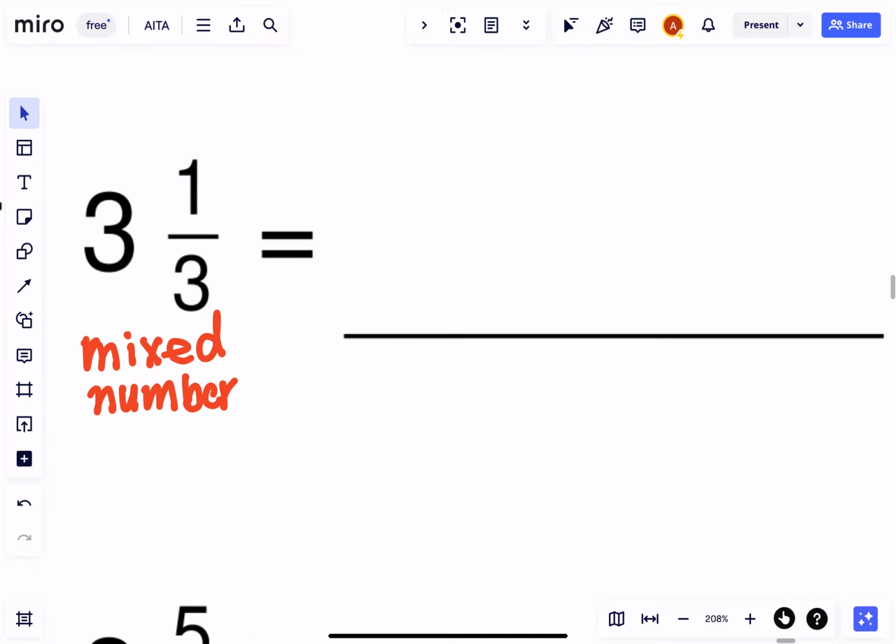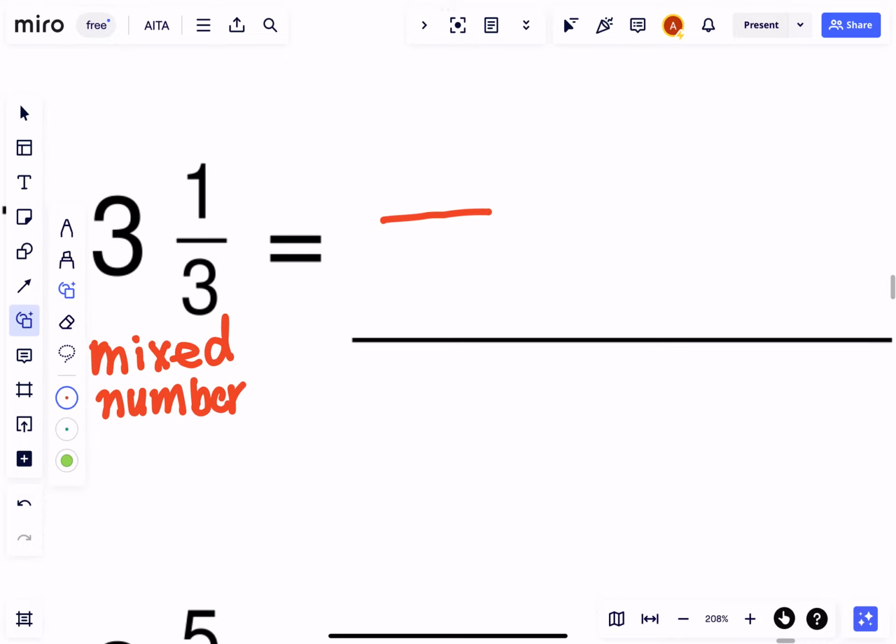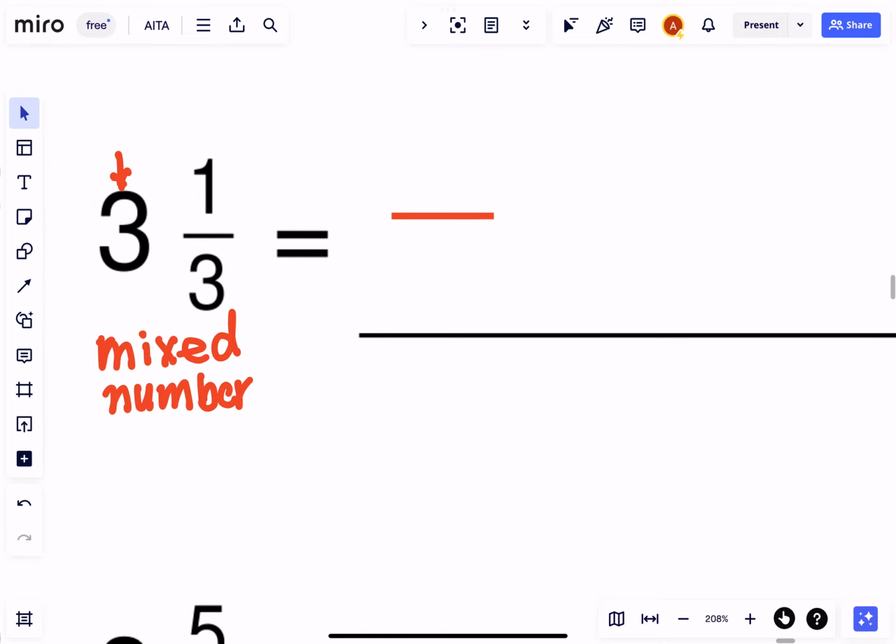Now the question is, how do we make this 3 here into something that is divided by 3? I ask myself, what multiplied by 3 will give me 9? And we know the answer is 3.